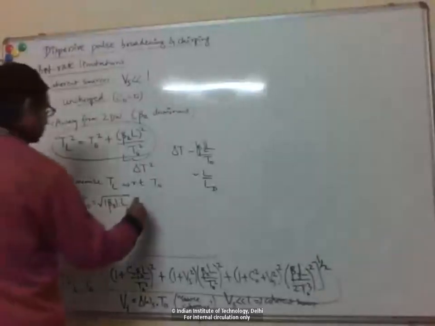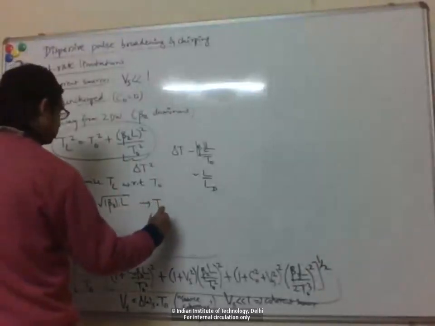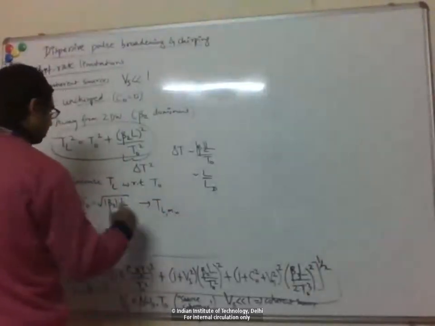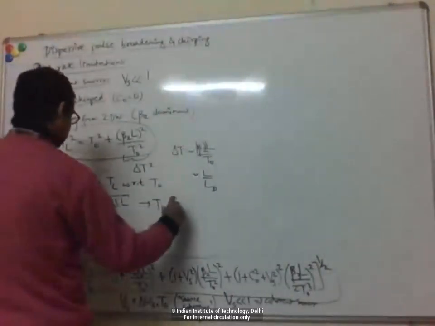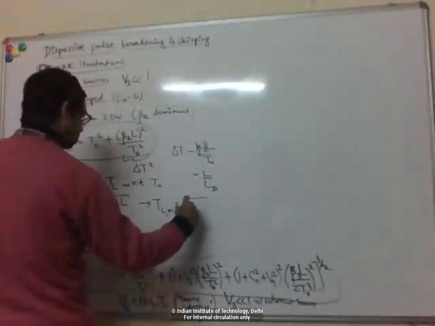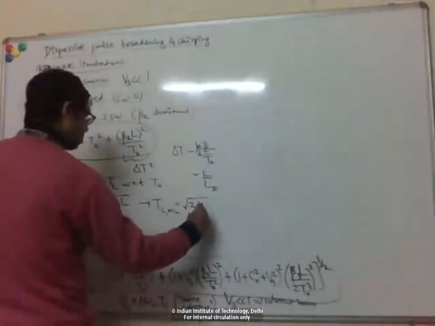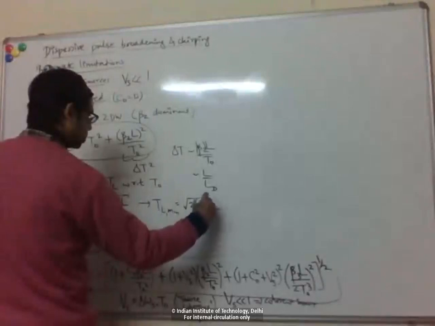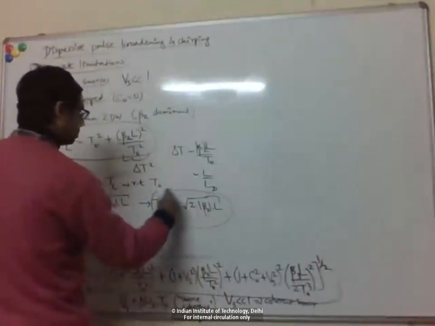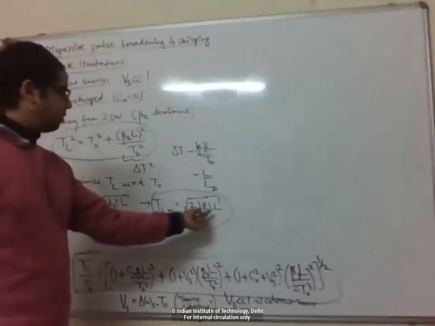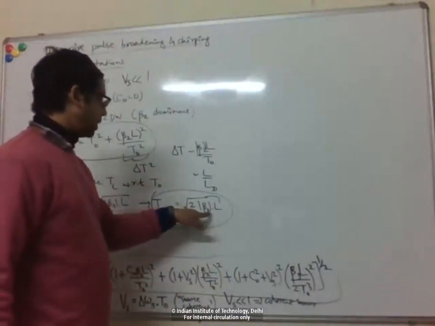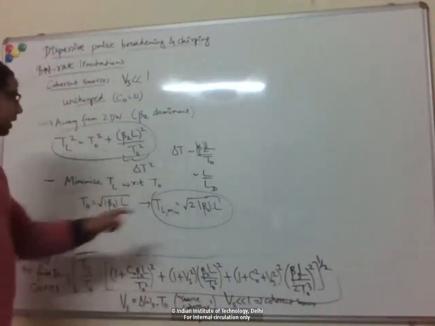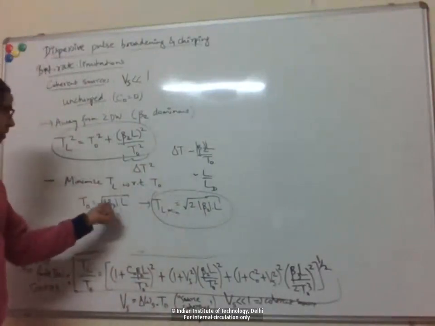And for this, the minimum pulse width that you get at the receiver is square root of 2 times that. So that's the minimum pulse width I can have at the receiver for a given fiber with length L and GVD beta, and that happens when my input pulse width is this.